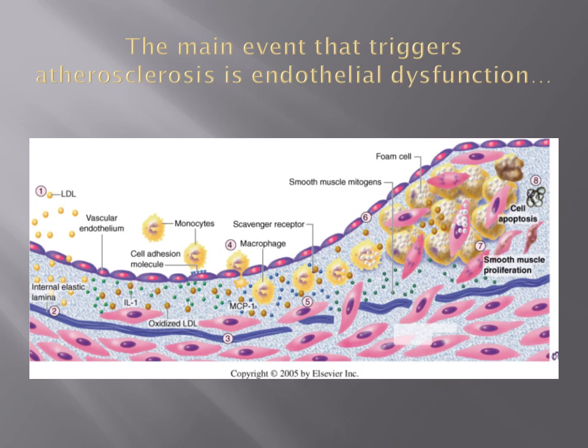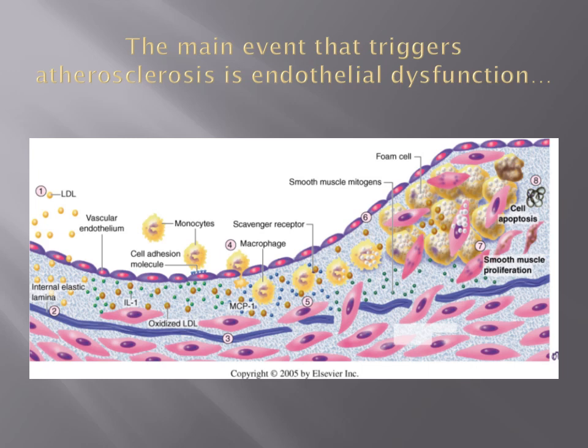We mentioned that the squamous cells of the endothelium are tightly connected together through gap junctions. This is important to prevent diffusion of substances in the lumen of the blood through the endothelium into the subintima.